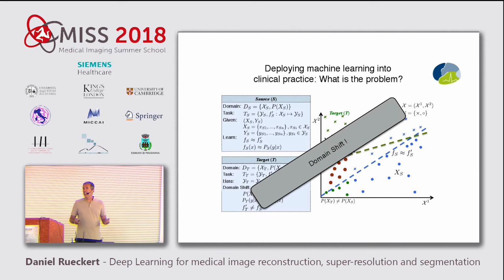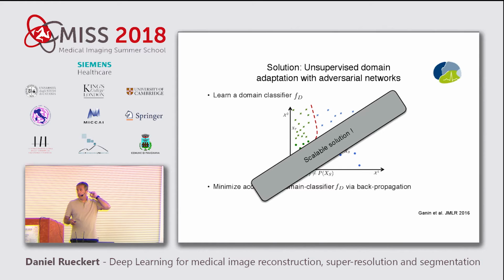Now, in your target domain, where you want to deploy your algorithm, if you would have some labeled data, you would actually realize that, because, for example, it's a different scanner, it produces data with slightly different characteristics. The crosses are here, the circles are here.